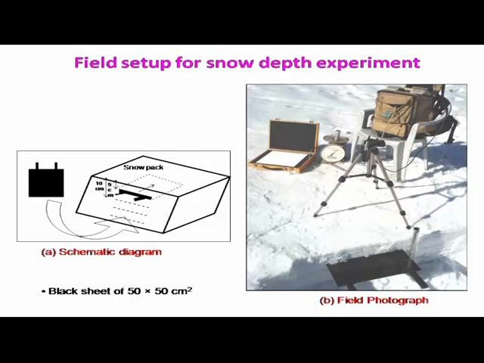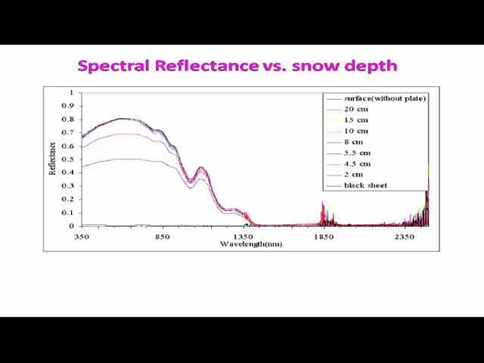Again we took out the black sheet, inserted it, and like that we conducted this experiment, and we found that once the snow thickness is less than around 5 centimeters, this effect comes in. So you can see in the visible region that when the thickness is less than 5 centimeters, there will be an effect of the thickness on the snow reflectance.